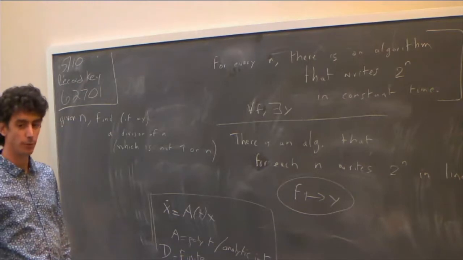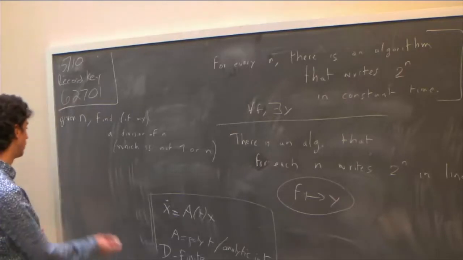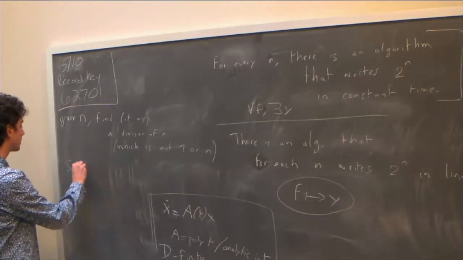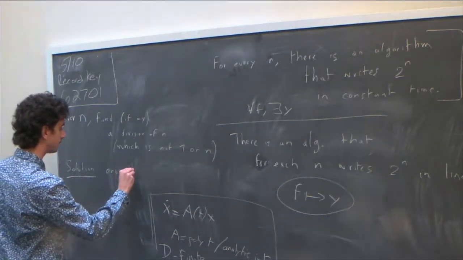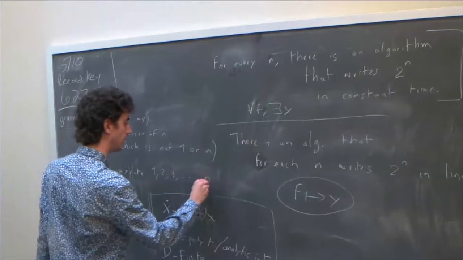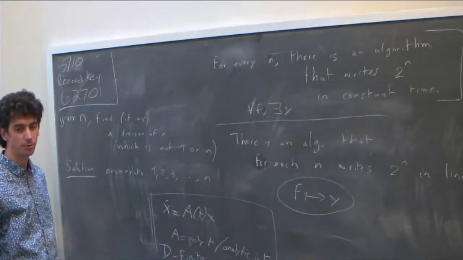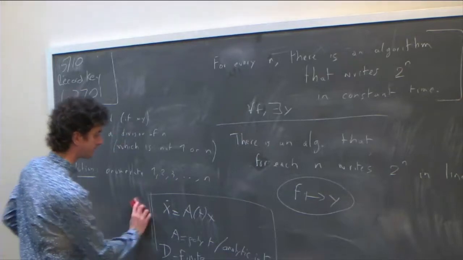Well, there's a trivial way of doing it, just enumerate all the numbers between 1 and n. So solution, enumerate 1, 2, 3, up to n. It could be a bit smaller, enumerate prime numbers, but fundamentally doesn't really help.